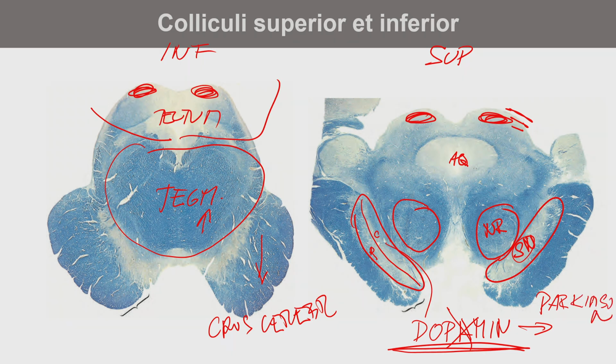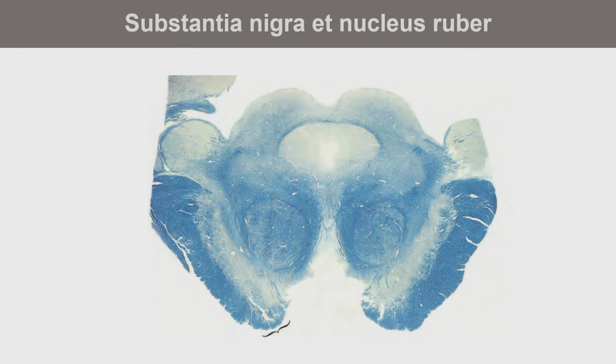But simplified, or Parkinson-like syndromes. So the dopaminergic system is a very important inhibitory system of cortical activity, part of the basal ganglia circle. So again, this is ruber and this is nigra.